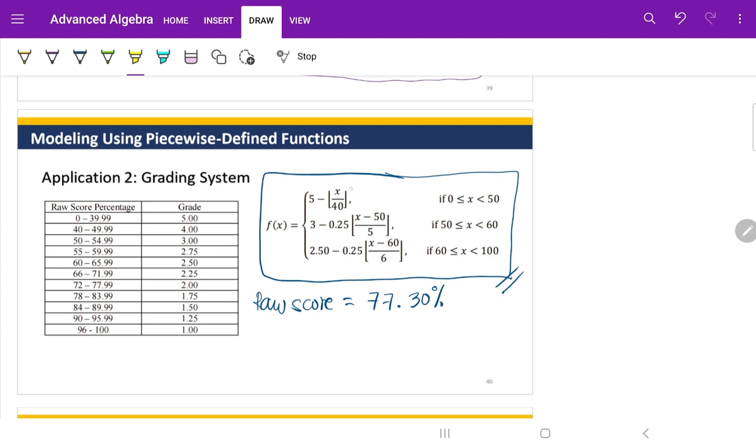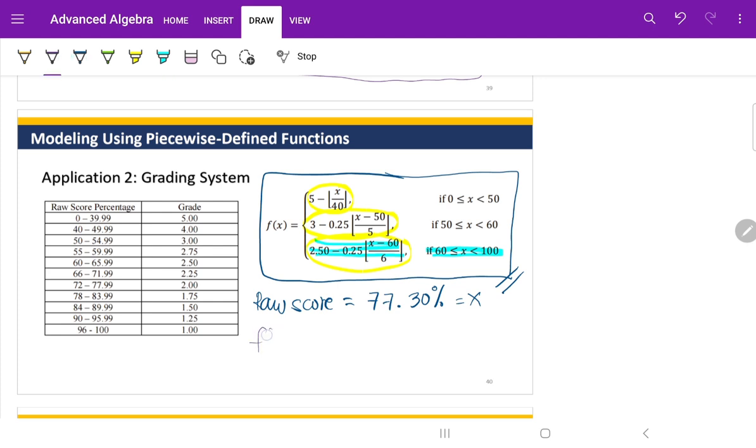The value of f of x may be this one, or this one. But which one will we choose? Take note, the raw score is our x value, and x lies within this range, from 60 to 100. Therefore, we are going to use this equation or model.